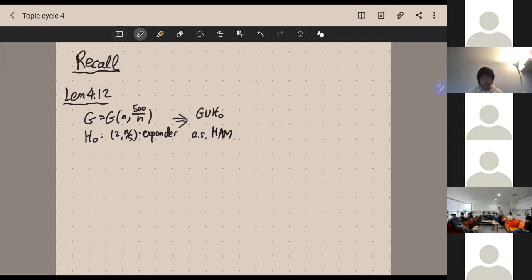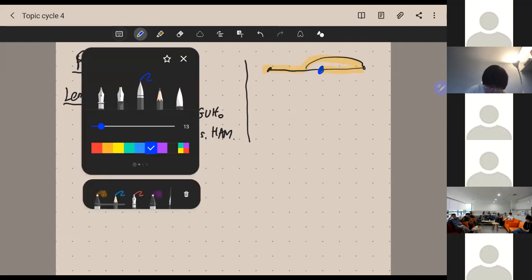And the proof of this, I would also like to just quickly recall through a very quick picture. Basically, it consists of two steps. The first step is we make use of H0, because H0 is an expander, so you can do this rotation to get many pairs of different endpoints, the red one and the blue one.